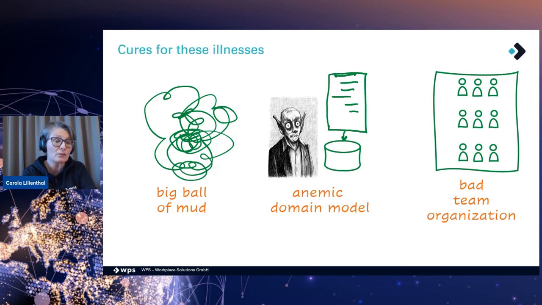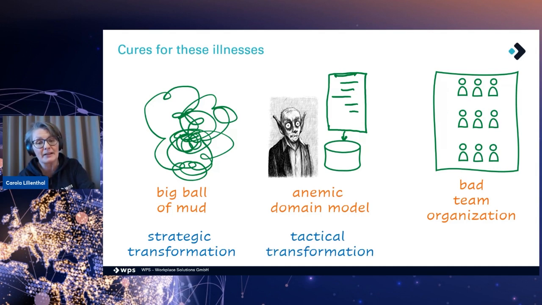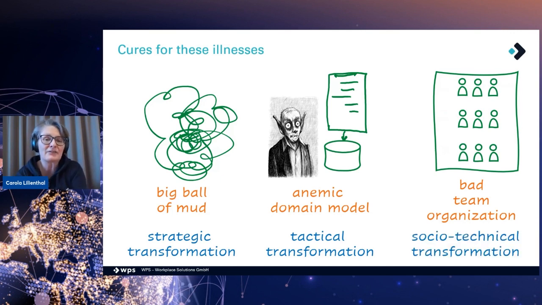In our book, we show cures to combat and heal these diseases. The best way to fight the big ball of mud is strategic domain-driven transformation. The best way to get rid of the anemic domain model is tactical transformation. And you can transform a bad team organization into a focused, powerful team with some socio-technical advice from our domain-driven transformation book.